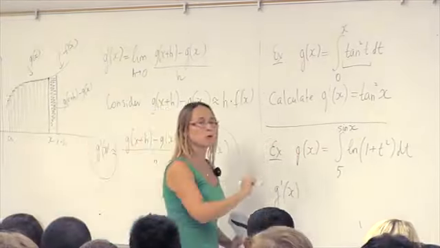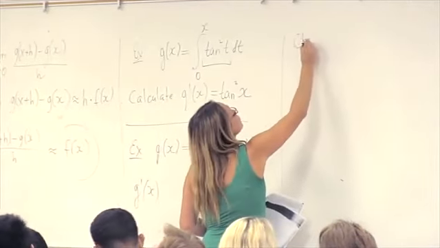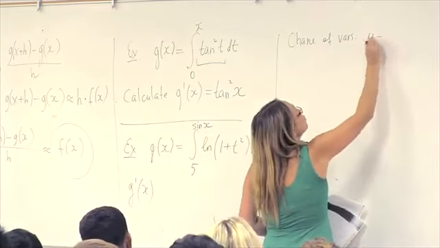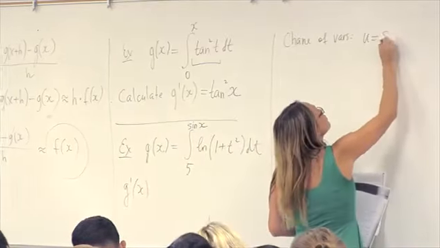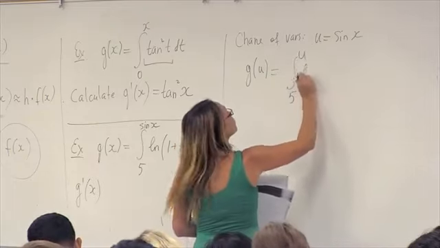So what we need to do is introduce an intermediate variable. So, change of variables. We define u to be the upper limit here. And the function g of u is now given by the integral from 5 to u.